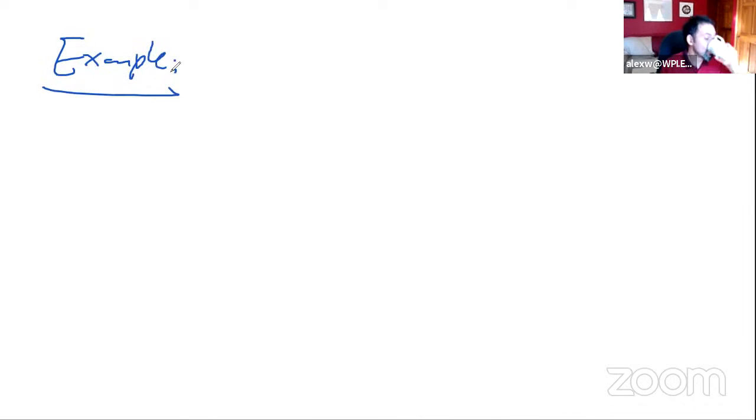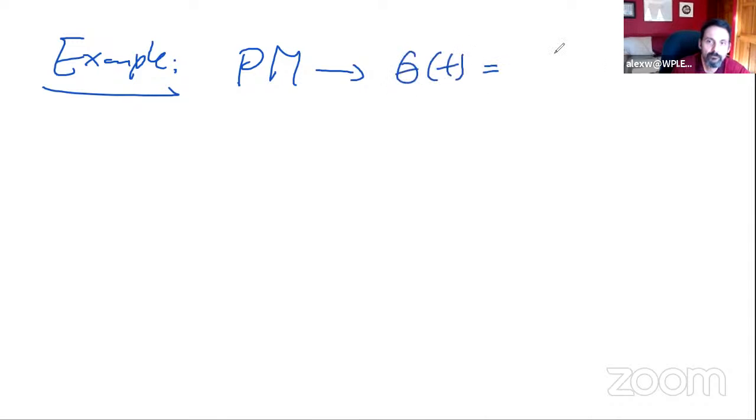Suppose I'm doing phase modulation, and you'll see this in things like phase lock loops.